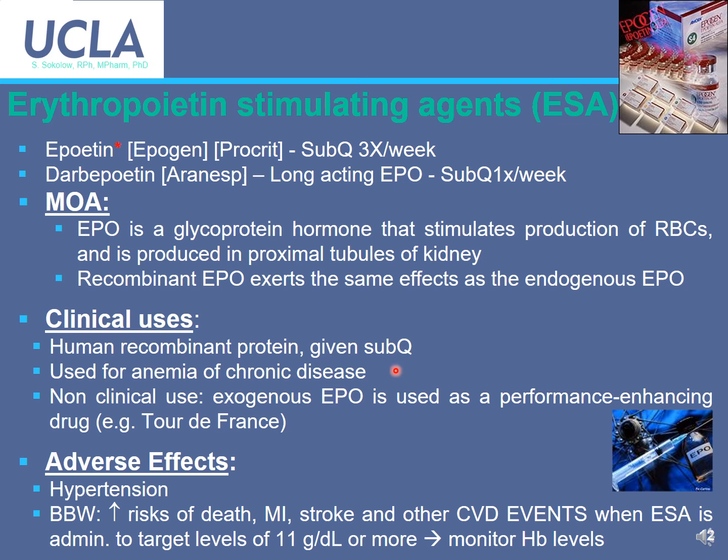Now, there are non-clinical uses that you may have heard of if you are a sport fan. Exogenous EPO is used as a performance-enhancing drug. It became famous with the Tour de France, where cyclists and some teams were using EPO, and that's how it was discovered that it was a performance-enhancing drug.